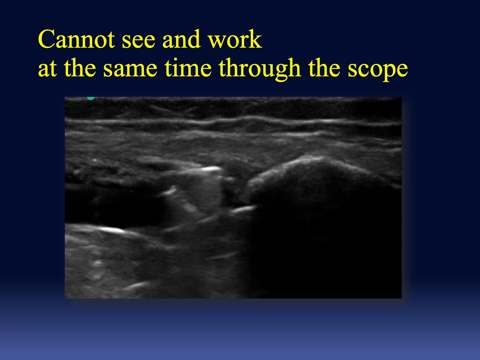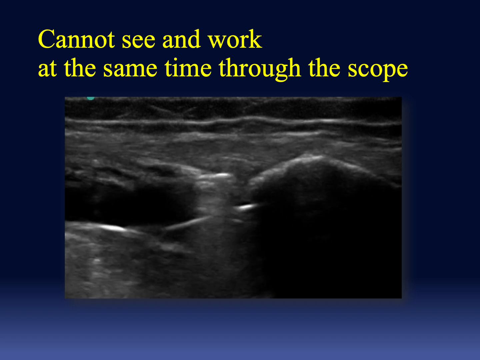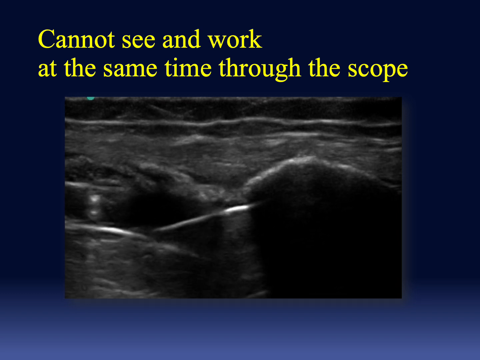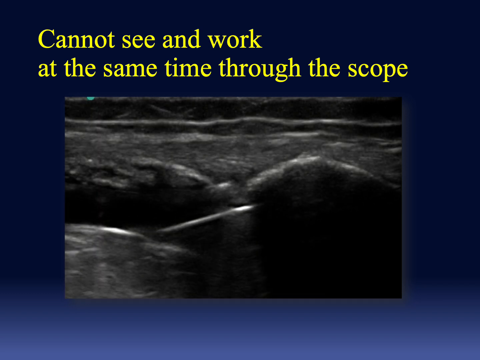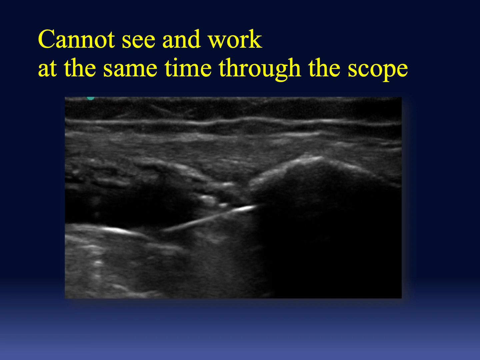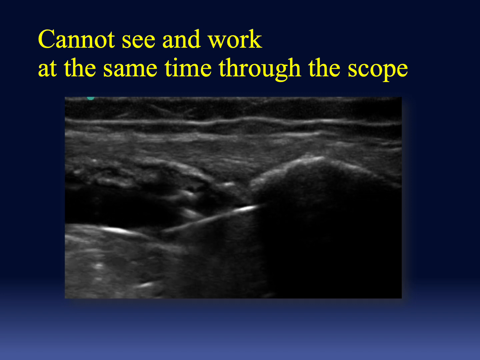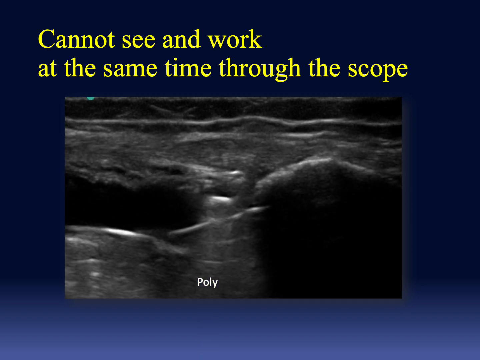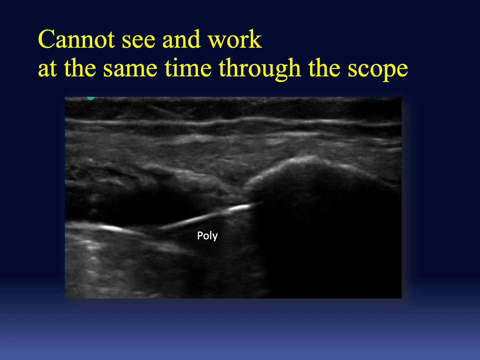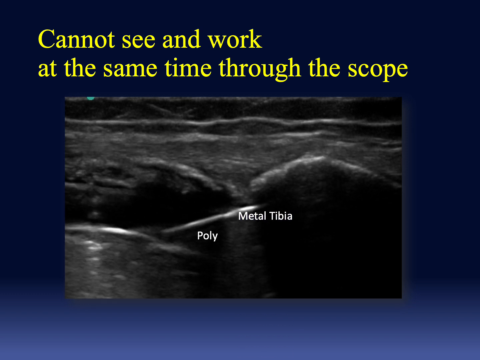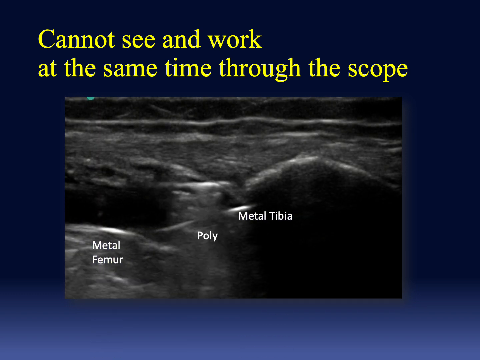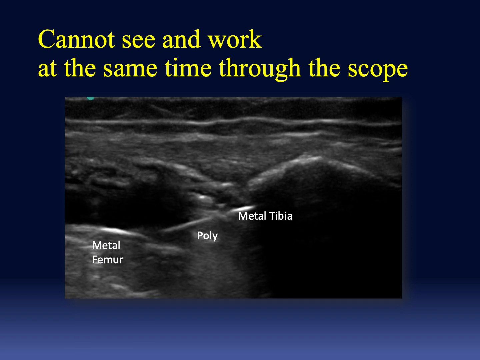In this lateral compartment you really can't work and see at the same time, so we're using the ultrasound to direct our instrument to the bone fragment, which is embedded in scar, which makes it difficult to see on arthroscopy. Here's the polyethylene, here's the medial tibial plate, and this is the bevel of the femur.